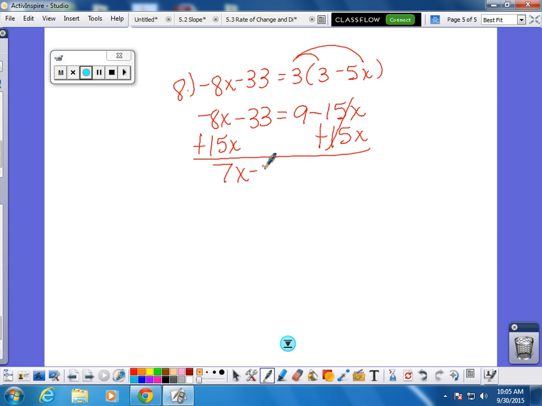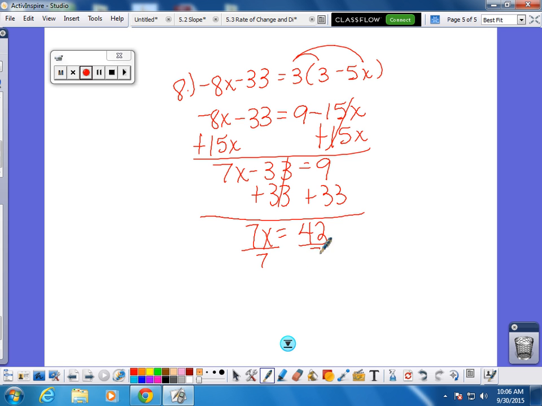So 7x minus 33 is equal to 9. If I've got all my variables on one side, I want my numbers on the other side. So that would be 42. If I divide by 7, what's that?